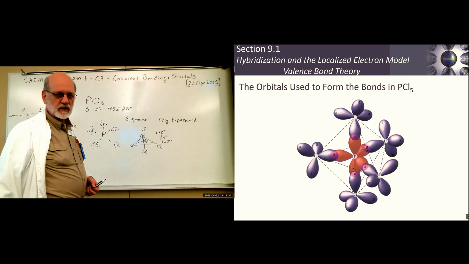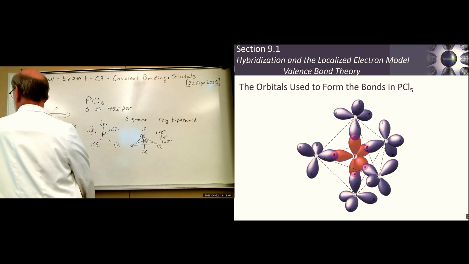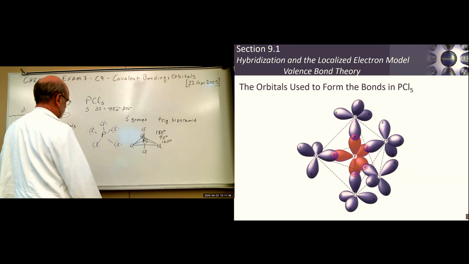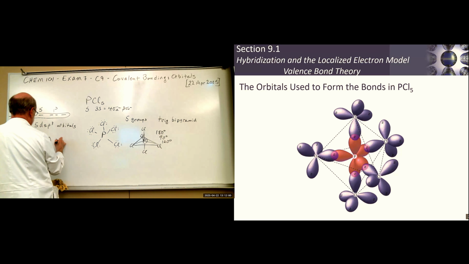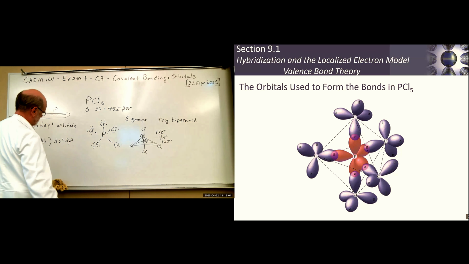Chlorine doesn't have to be hybridized, I don't think. What would chlorine be? Well, we'd have neon as our core. And then we would come down to 3s2 and 3p5, right?